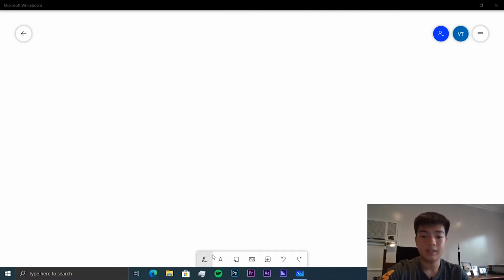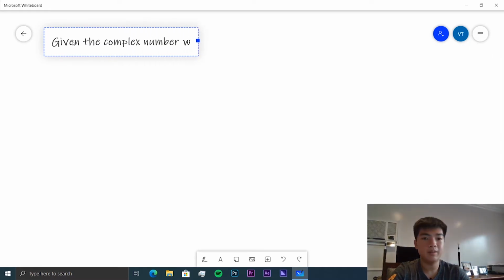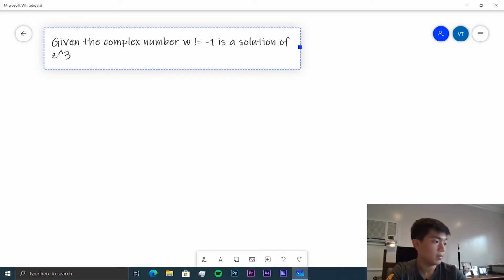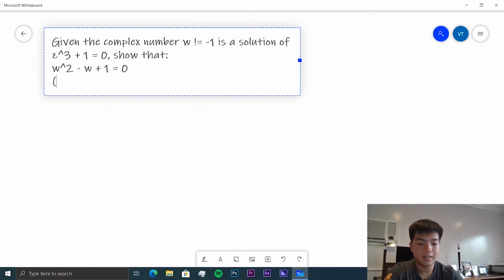So first is: given the complex number w not equal to -1, which is a solution of z cubed plus 1 equals 0, show that, first, w squared, I mean it's really omega squared, but I don't have the omega symbol, minus w plus 1 is equal to 0.